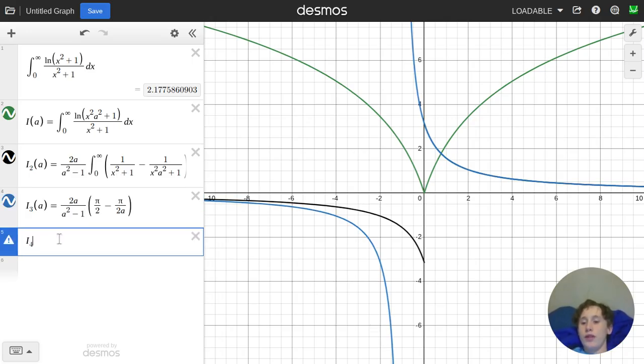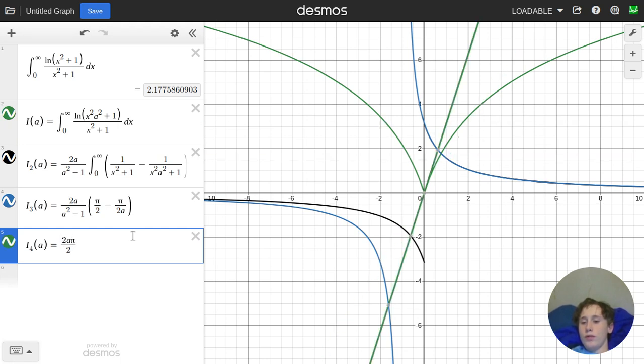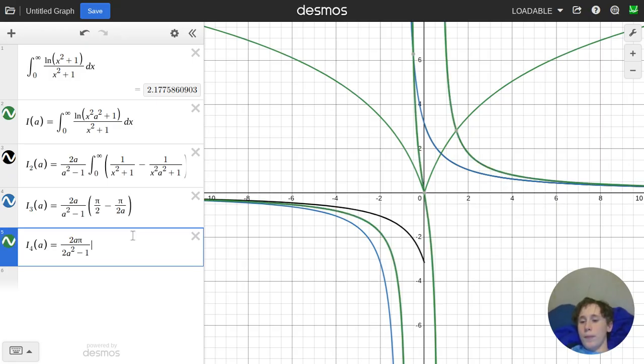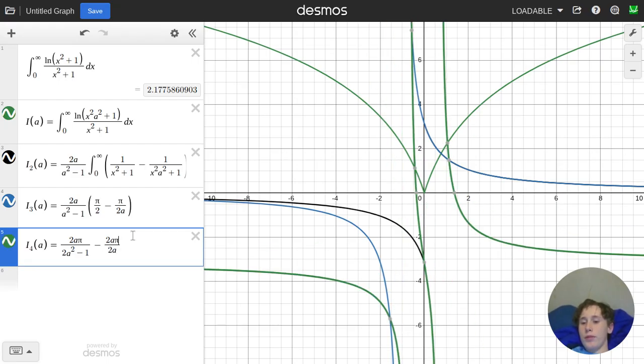This is a lot better than the beginning. So let's see. I already see something here: pi over 2 times a squared minus 1, and then minus 2a times pi over 2a, so that just becomes pi.